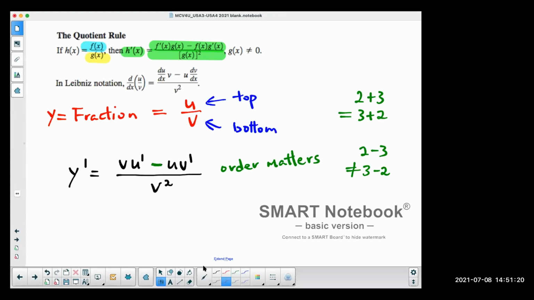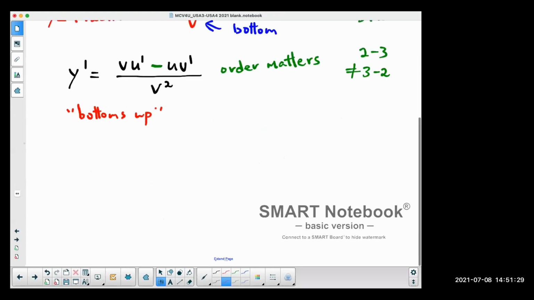So what I do is I say, okay, just remember this. You always start with bottoms up, right? Always start with the bottoms up. So when I write the formula, I put the bottom up. So I put a v first. The first term, it's always bottoms up. You put the bottom v on top. Then you multiply by u prime. Then the other half, u v prime over bottom squared.